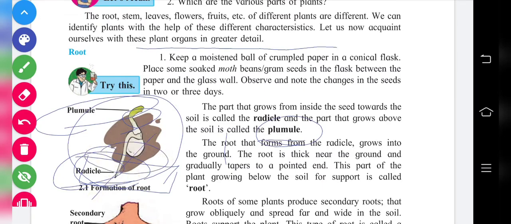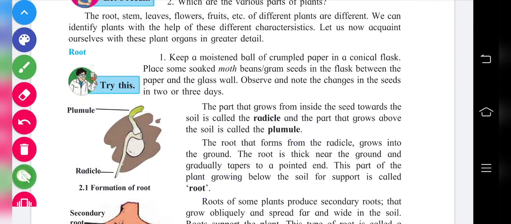This part of the plant growing below the soil for support is called the root. You already know the definition: the part of the plant that grows under the soil and supports the plant is called a root.